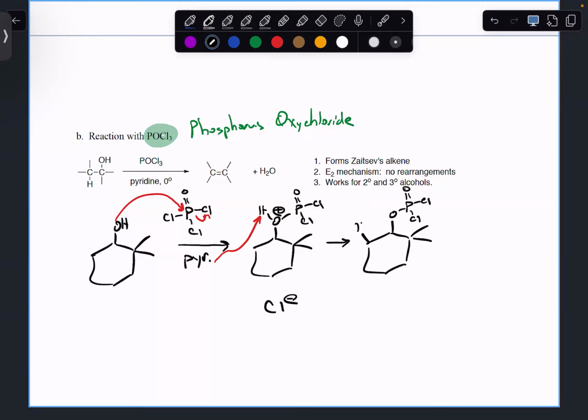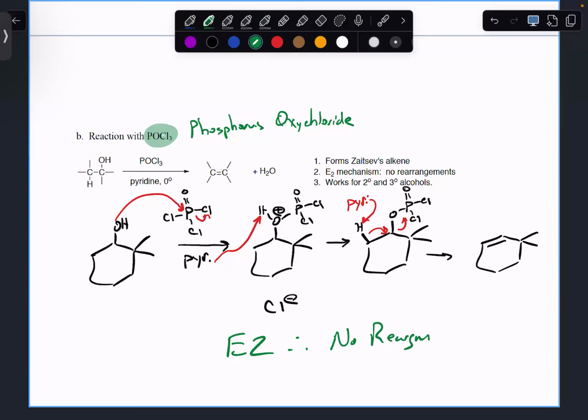And then the pyridine is also going to come in the next part of this and grab that adjacent proton and kick that out. Notice this is done in base. This is an E2 mechanism, and therefore no rearrangement.